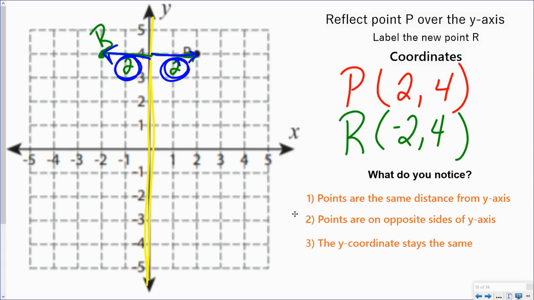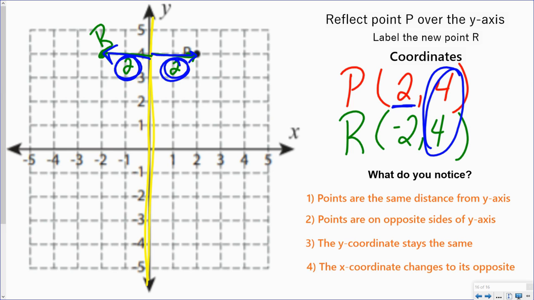The third thing that I notice is that the y coordinate stays the same. So when I look here, the 4s stay exactly the same number. And then the fourth thing that I'm noticing when I look at this is that the x coordinates change to the opposites. So when I look here, I have 2 and -2, and those two numbers are indeed opposites.